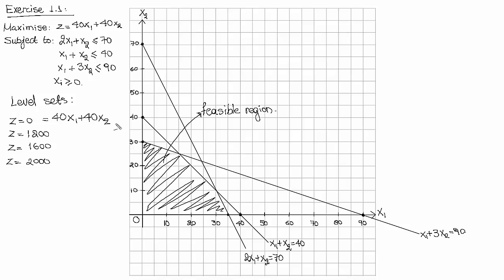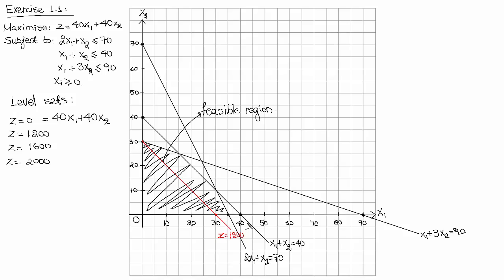So now we need to find what x1 and x2 are. When z is 1,200, both x1 and x2 are 30. So we're going to have the line from 30 to 30, and this is going to be our first level set. This is when z equals 1,200.